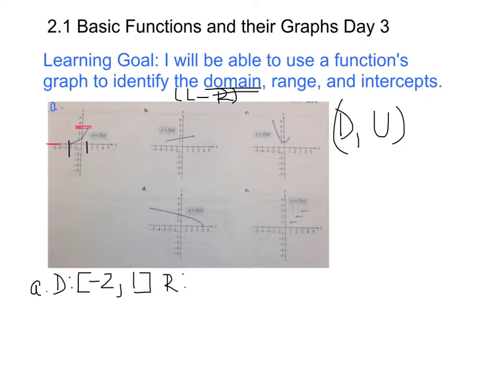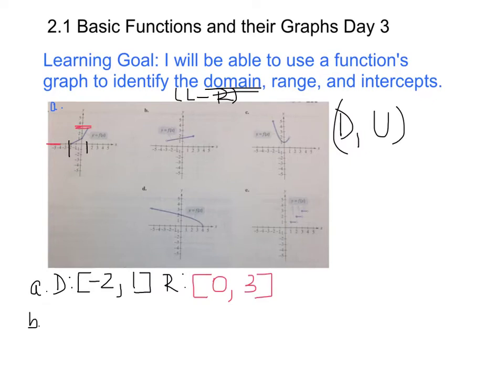So my lowest y value is 0, and my highest value is 3. And so that's how you would write the domain and range for example 1, or A.